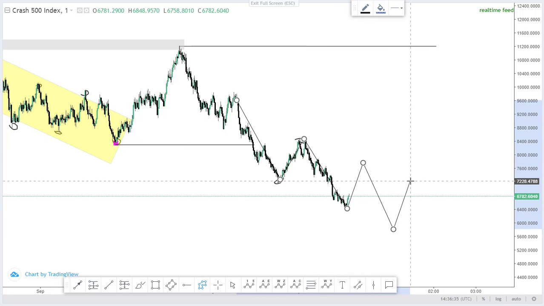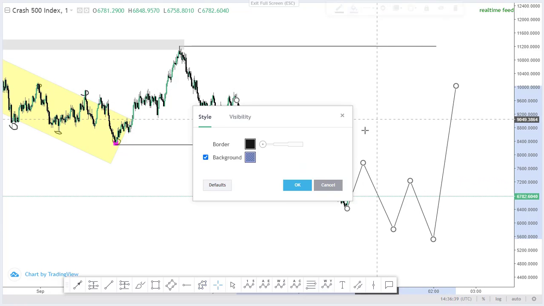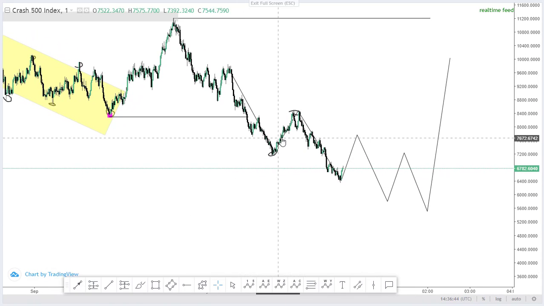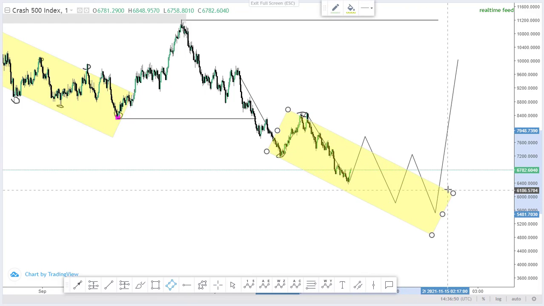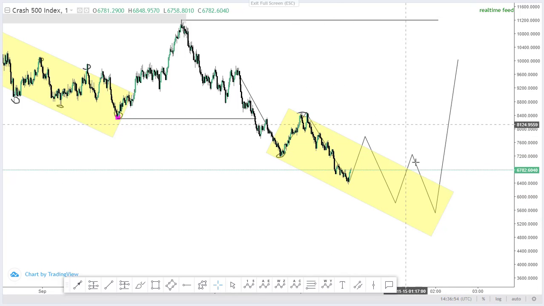Expect this move before we have a deep pullback. So with this in mind, we know that we will have a range structure forming on this area until the market prints anything else, but this is our true expectation.